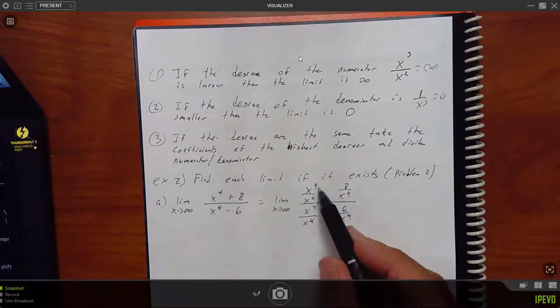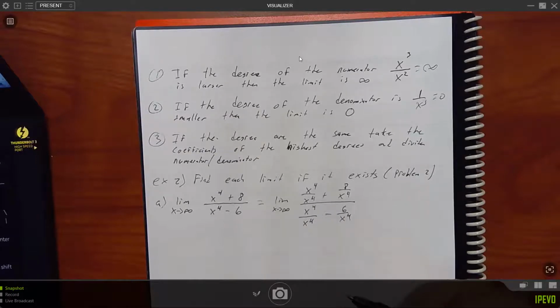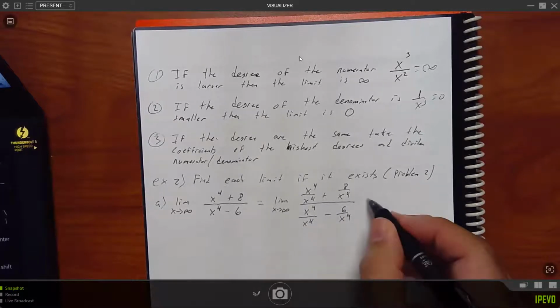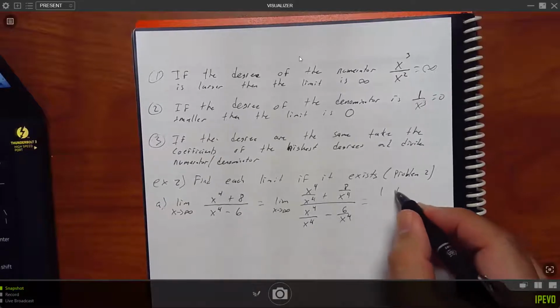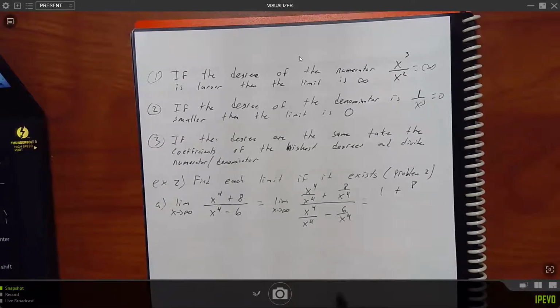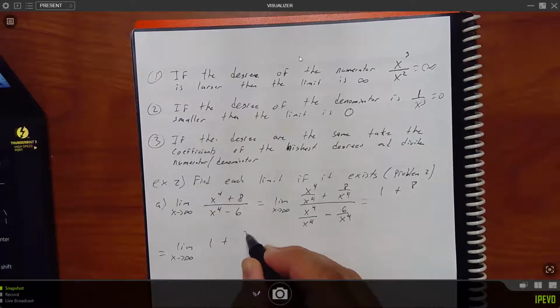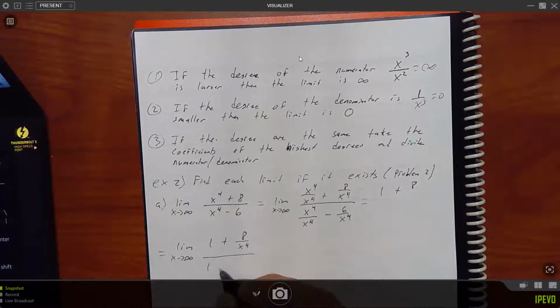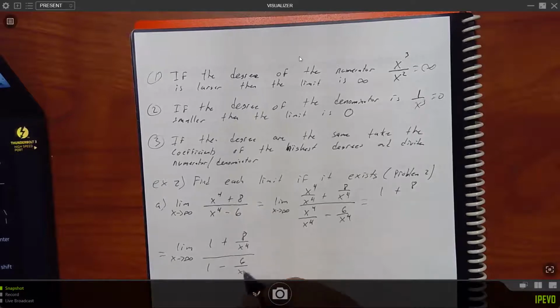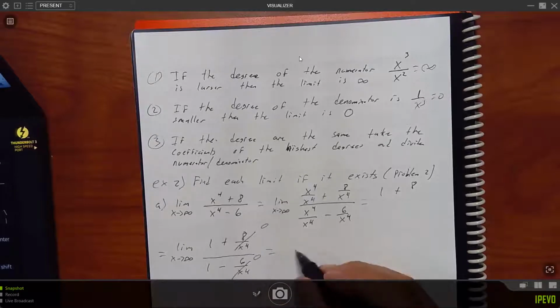So as you can see, these are going to cancel out, right? So you're going to be left with 1 plus 8 over x to the 4th over 1 minus 6 over x to the 4th. When you take the limit, you see that these will go to 0, leaving you with 1 over 1, which is 1.